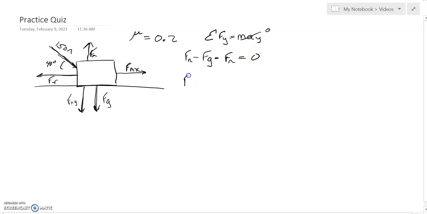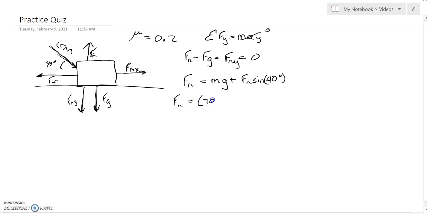So our force normal, if we just subtract gravity and the normal y, we will get force normal equals mg plus F sine 40 degrees. So we can plug in our numbers and do the math.